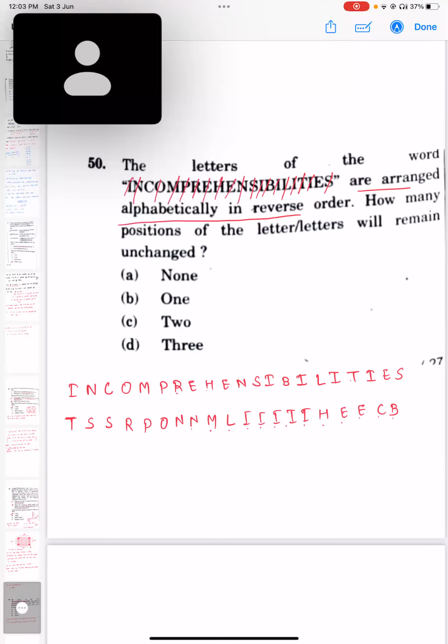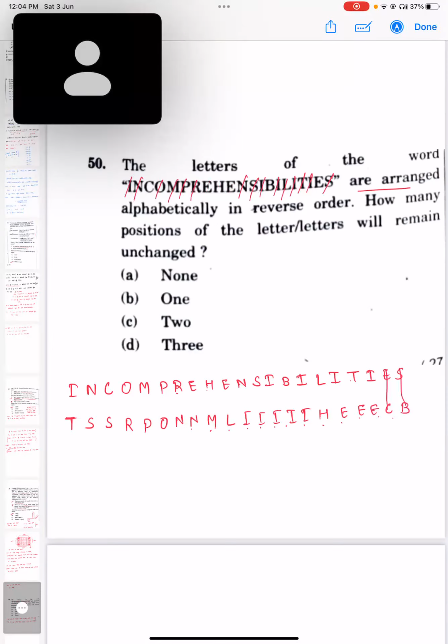Let us write it again. 1 T is there, then 2 S, then 1 R, 1 P, 1 O, then 2 N are there, then 1 M, then an L, then 5 I's were there. Then E, then C, then B.